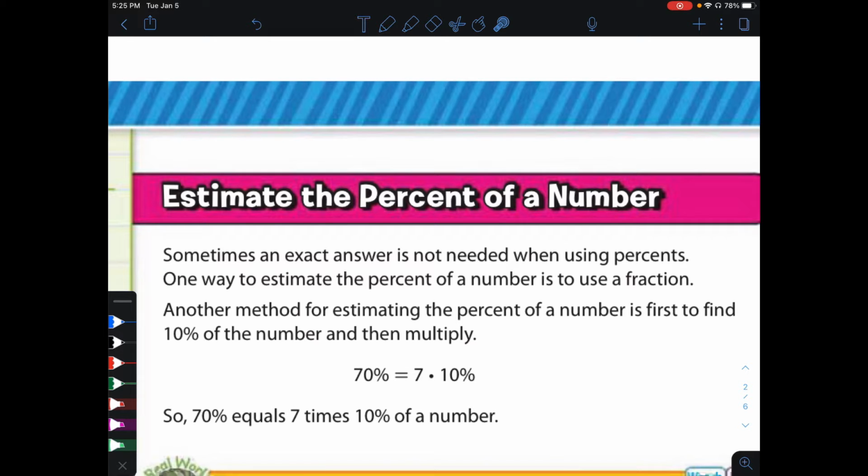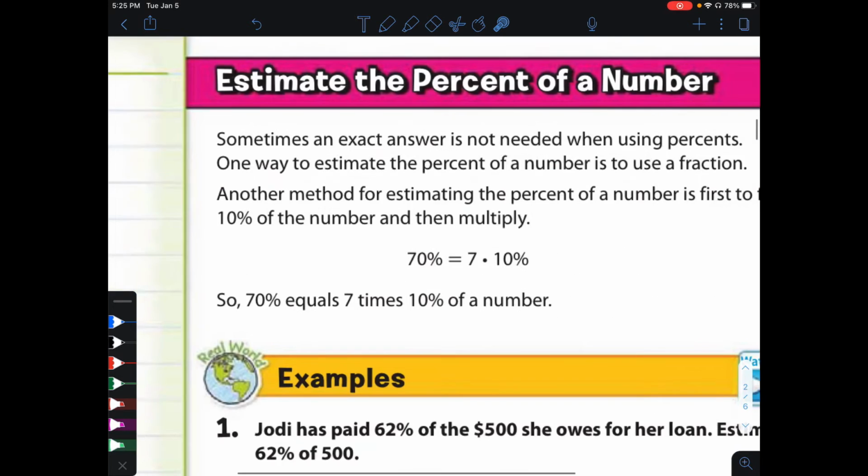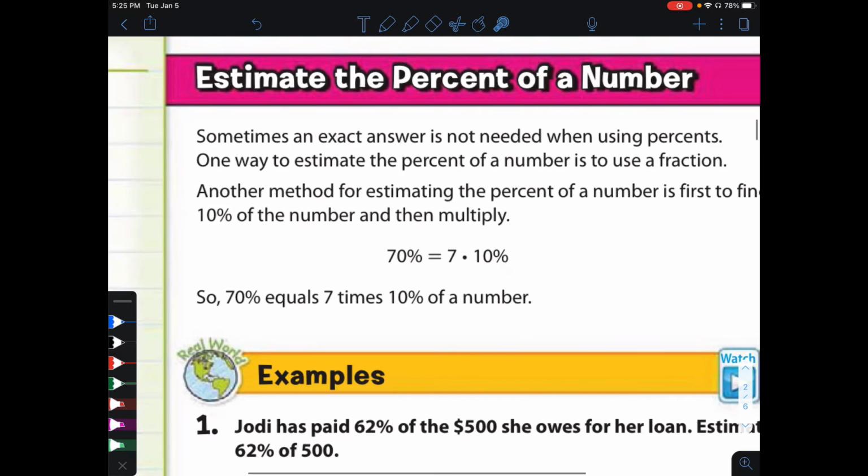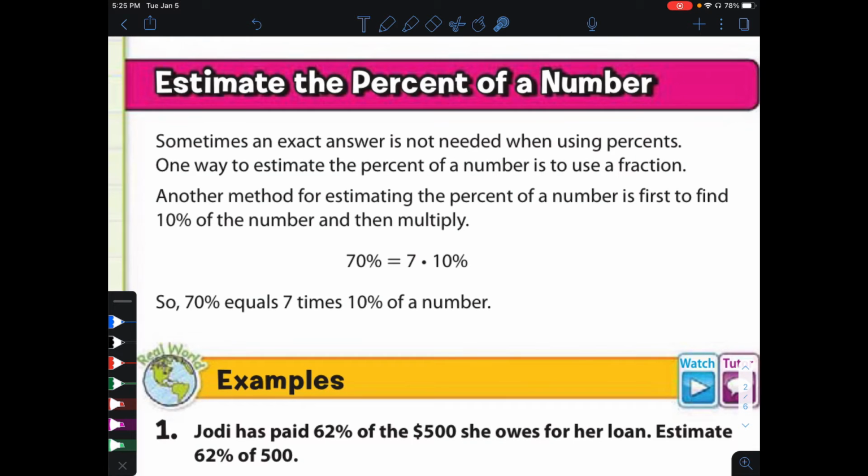Okay, so how does that work? Let's take a look at the example. Jody has paid 62% of 500 she owes for her loan. Estimate 62% of 500. So the first thing we need to do here is get 62% of 500.